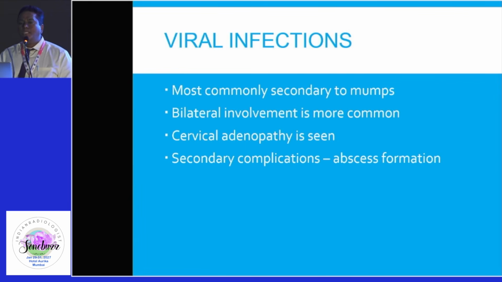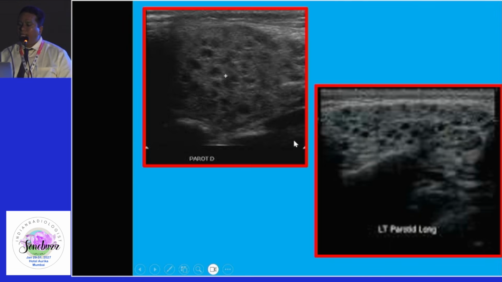In the pediatric age group, mumps is less seen today, but yes, viral infections like mumps can typically present as bilateral large parotid masses, and cervical adenopathy can be there along with it. With this kind of enlarged glands with rounded hypoechoic appearance, a bilateral presentation, and pediatric age group, you know you are dealing with something like mumps.